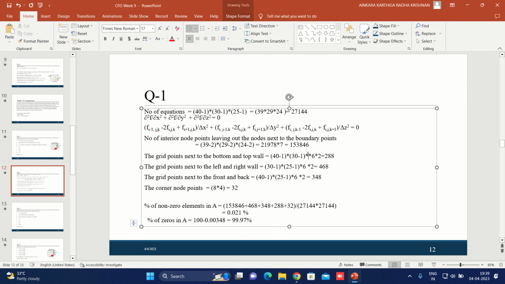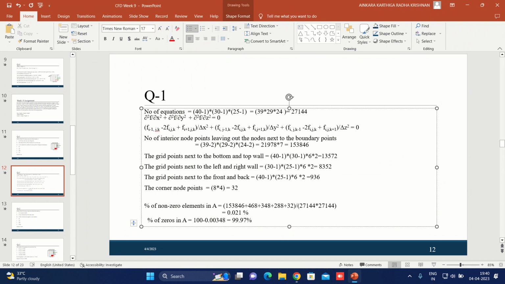So basically it is 39 into 29 into 12, 13572, plus 29 into 24 into 12, 8352, plus 40 minus 1 into 25 minus 1, 24 into 12, 936.